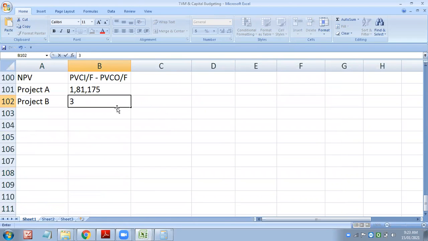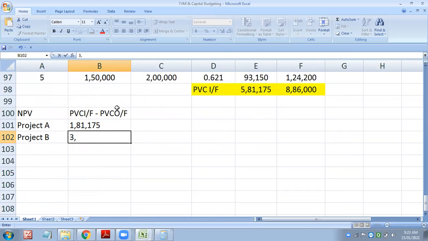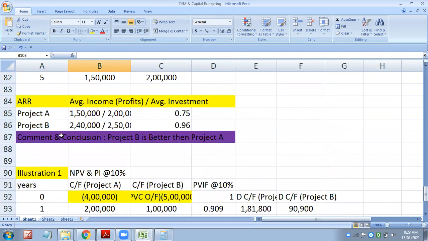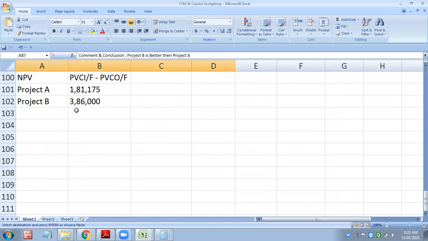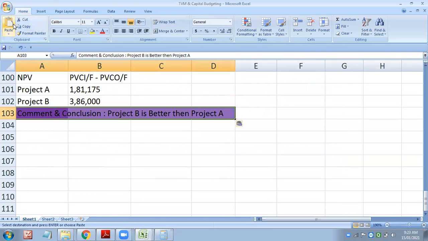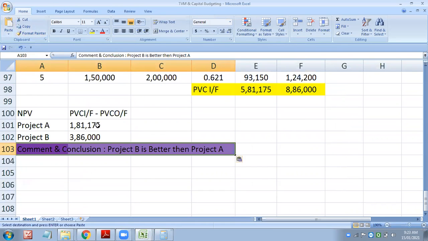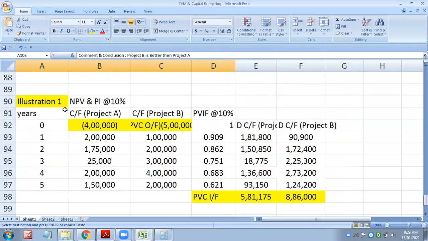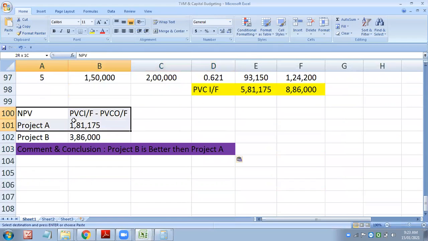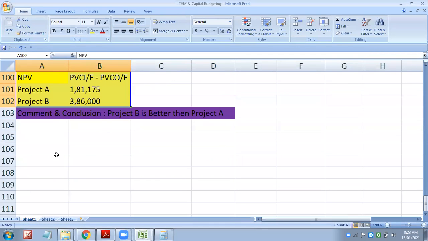So it comes to 3 lakh 86,000. So again we found, comment and conclusion is project B is better than project A when it comes to NPV method. Yes or no? Yes, sir.